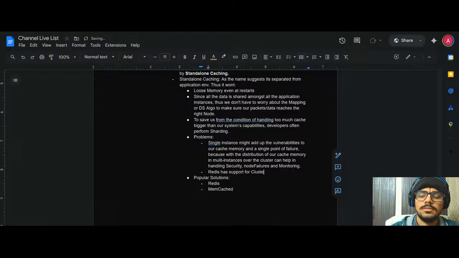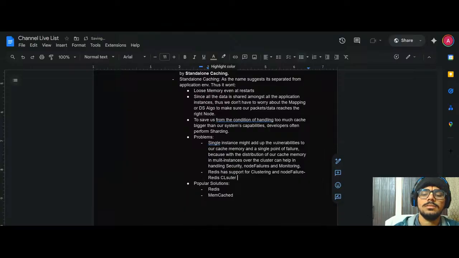Clustering and node failure. Redis cluster and Sentinel. This cluster and Redis Sentinel.